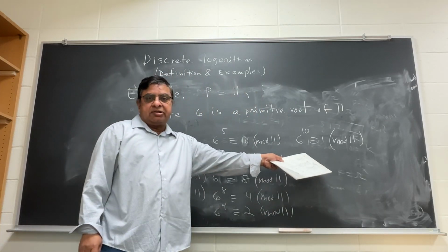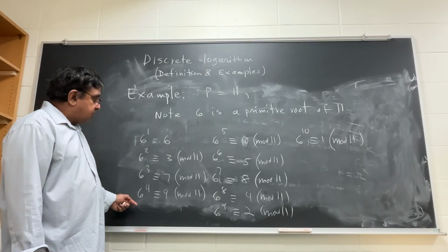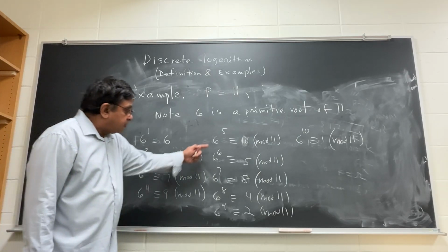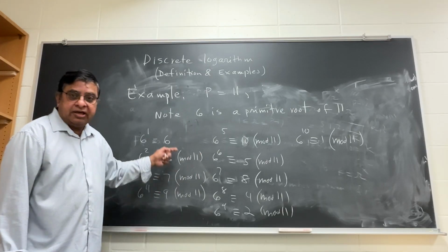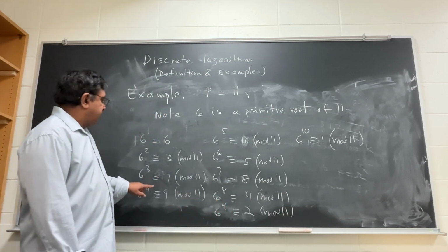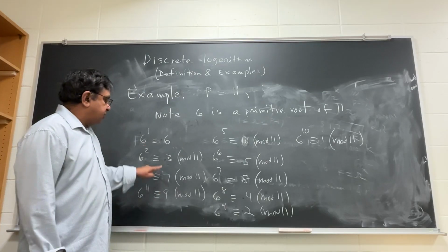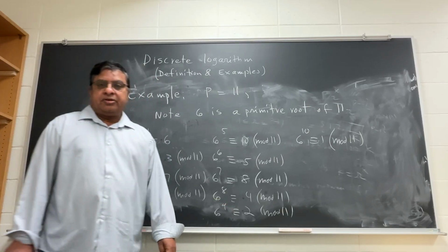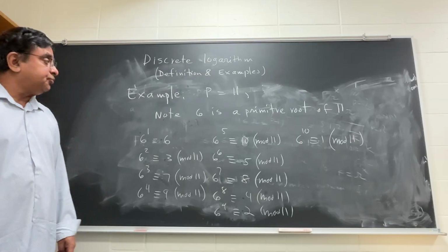So as you could see, all the 10 powers of 6 generated all the numbers between 1 and 10. So you have 1 here, you have a 2 here, 3, 4, 5, 6, 7, 8, 9, and 10. Therefore, 6 is a primitive root of 11.